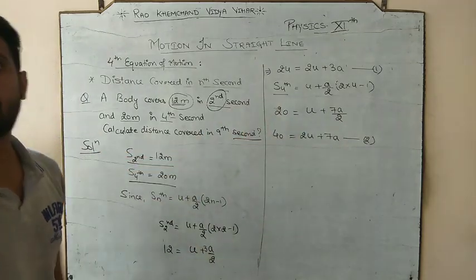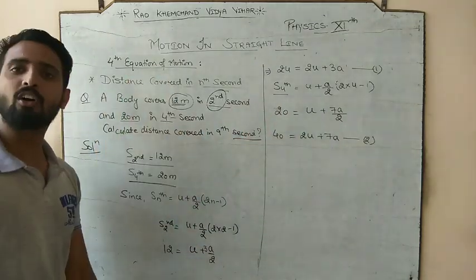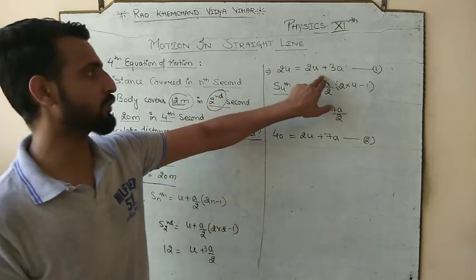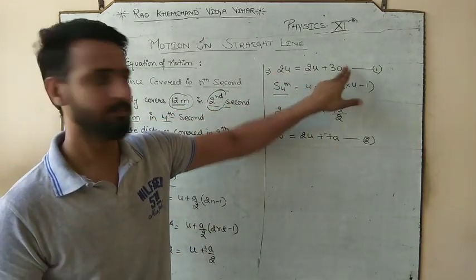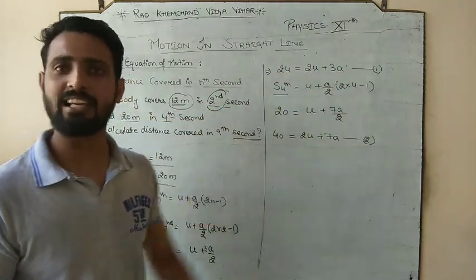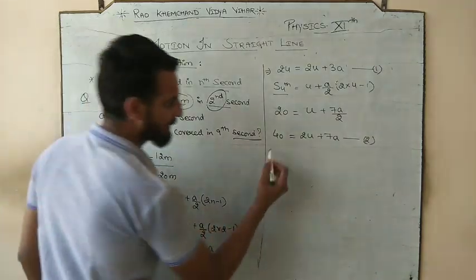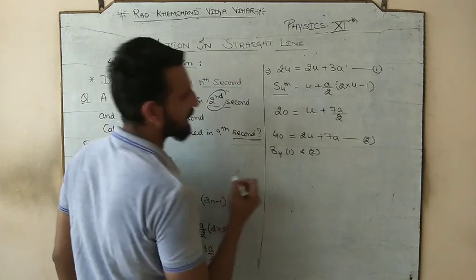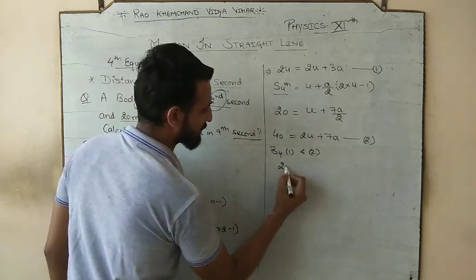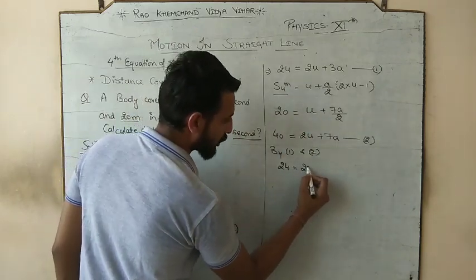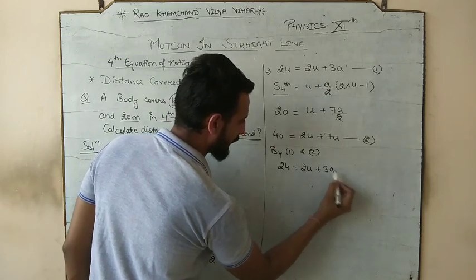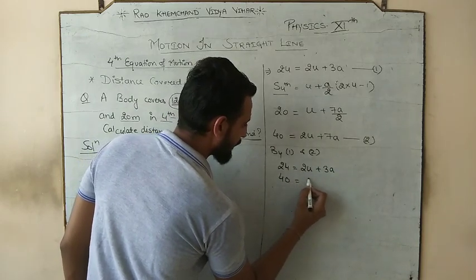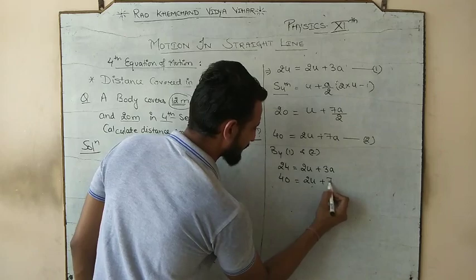So now we have the 2 equations. So now it is a simple concept. We have 2 equations with the 2 variables u and a, and now we can solve this in a simple manner. So by 1 and 2. If you have a 2 variable equation, you can solve this. 24 is 2u plus 3a, 40 is equal to 2u plus 7a.